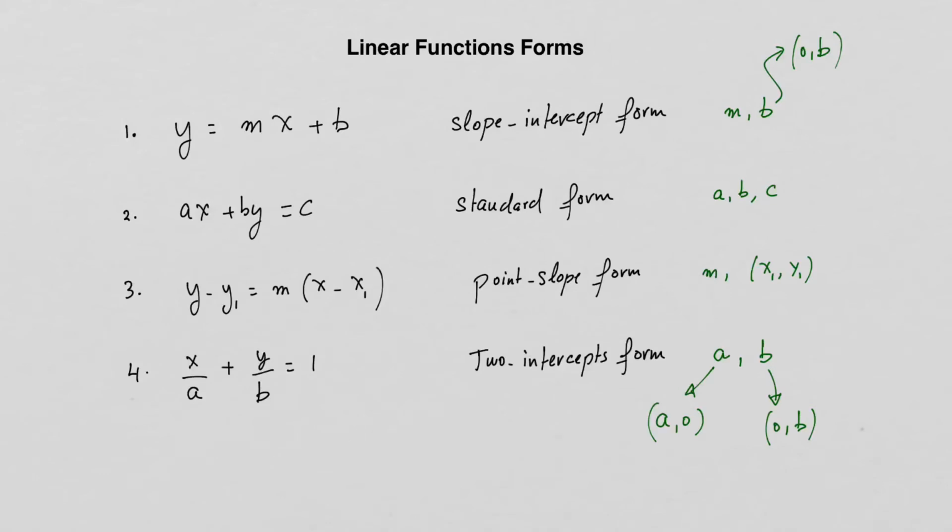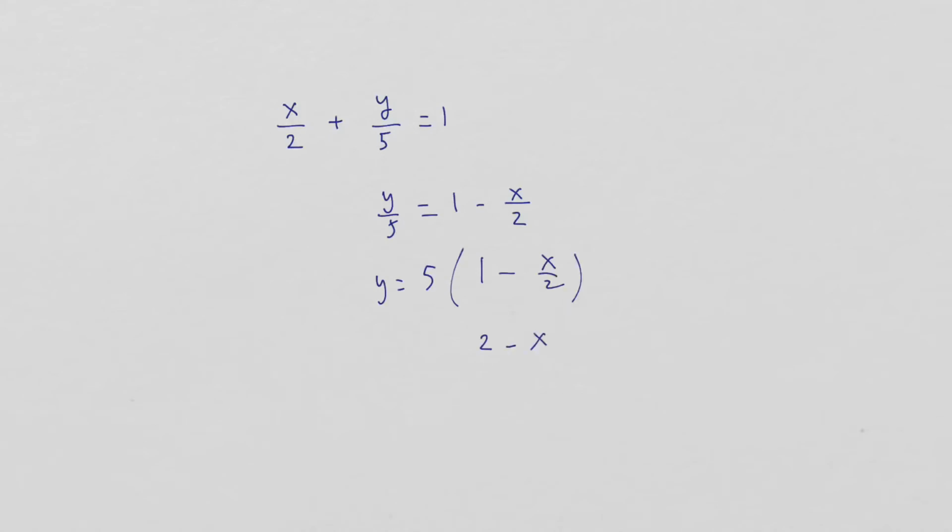Let me show you. So let's say I say to you, please graph x over 2 plus y over 5 equals 1. Most kids would do this. Y over 5 equals 1 minus x over 2. Y is 5 times (1 minus x over 2). Common denominator.